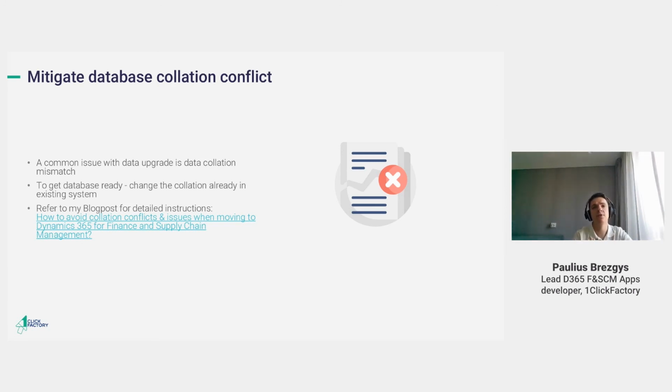Your database was on your on-premises SQL servers, so you could have any kind of collation you wanted. Well, in Dynamics 365, that's not allowed anymore. Microsoft is hosting your database. That means only one collation is supported. Microsoft basically is not messing with whatever collations you had and is only allowing one collation.